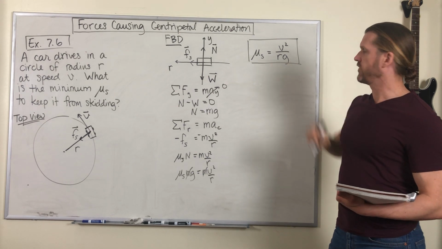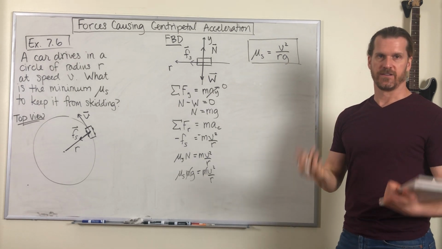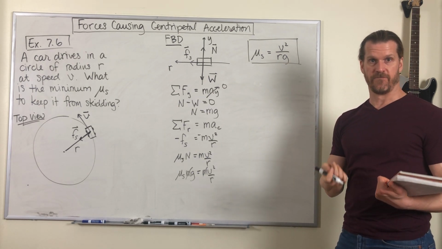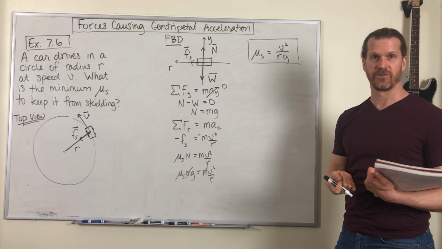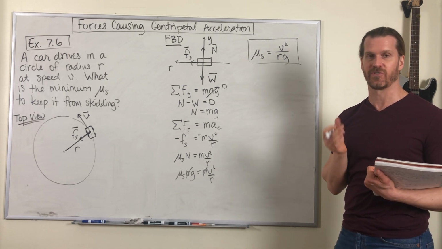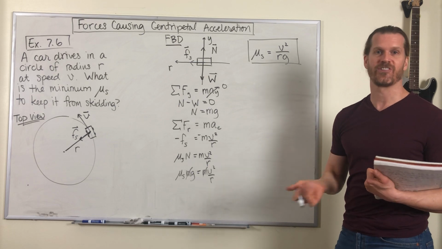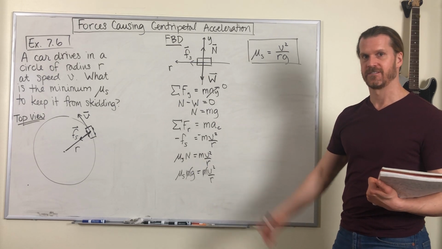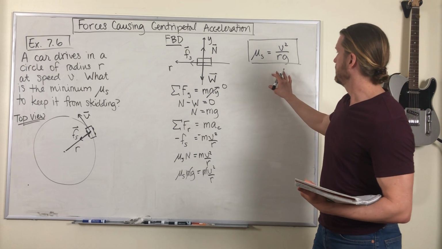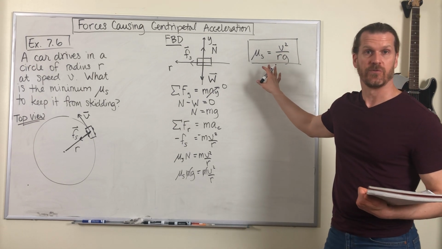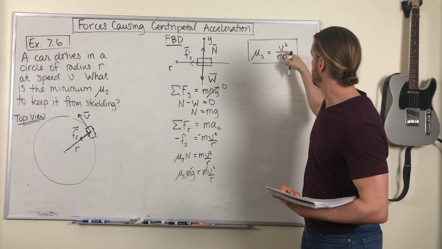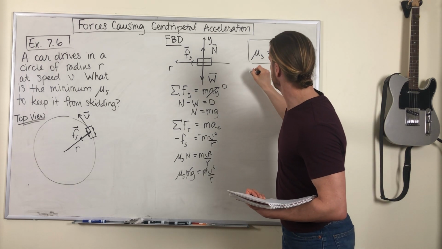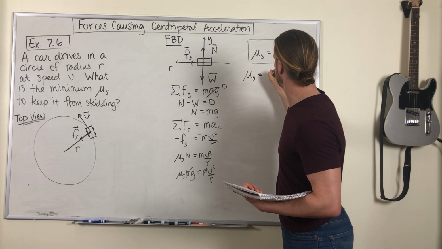Now this is saying that this is the value of the coefficient of friction that's required to keep the car stuck on the circle so that it doesn't skid out. Your textbook gives you some numbers, and when you plug in the values, it gives you this.